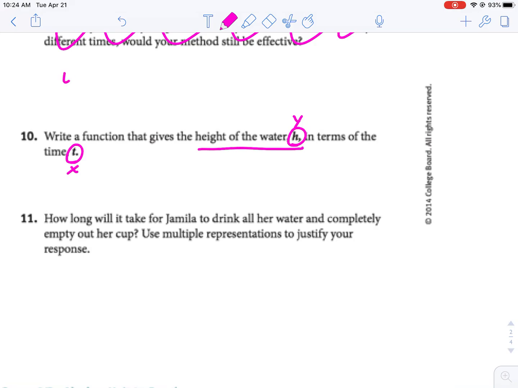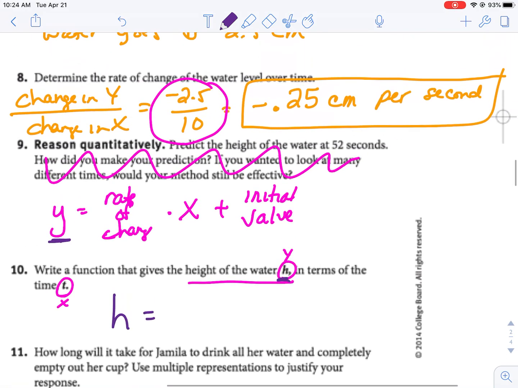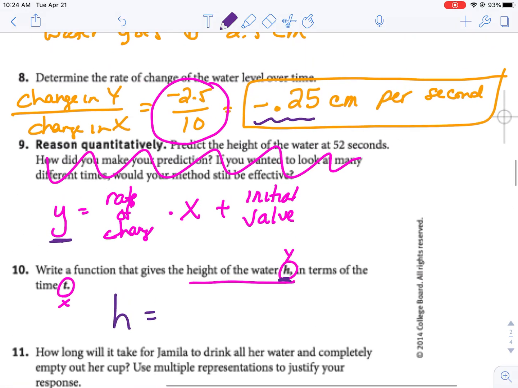So normally when we write our equation, it's y equals the rate of change times x plus our initial value, or our y-intercept, that starting point. But instead of using the letter y, they want us to use the letter h. So we're just going to say h equals, okay, we just talked about our rate of change a few seconds ago back in number 8.